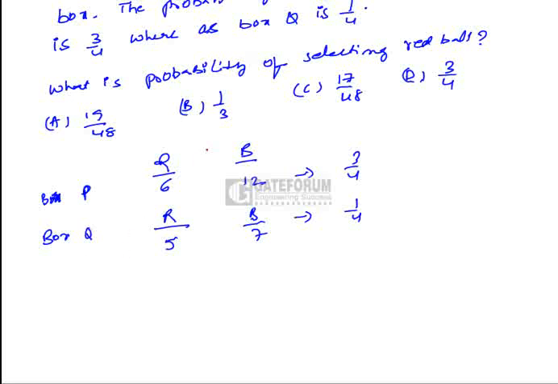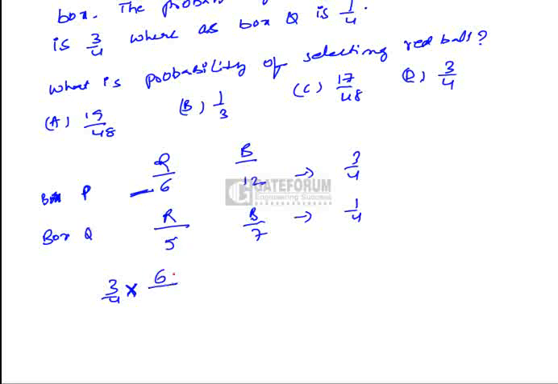So here selecting a red ball can be done from either box P or box Q. If it is from box P, then we have to select box P first, and the probability of selecting box P is given by 3 by 4, and in that box P there are 6 red balls.